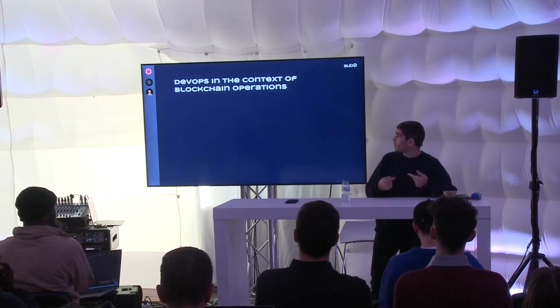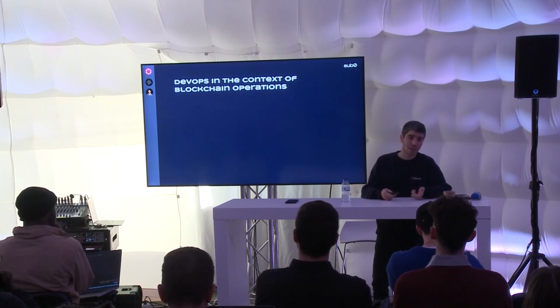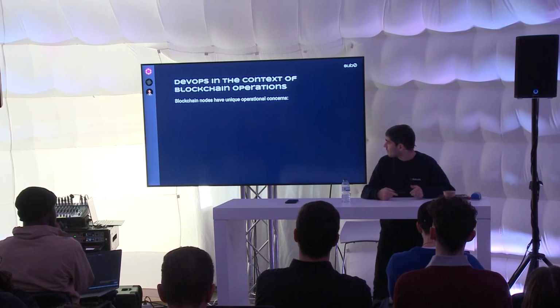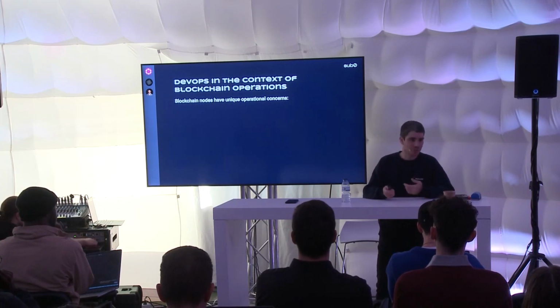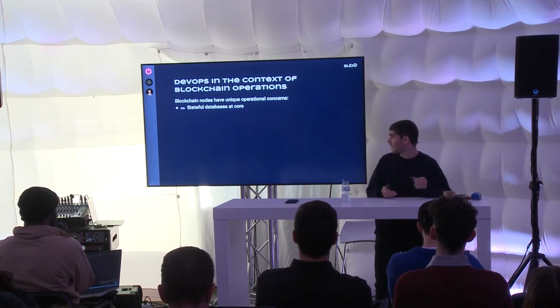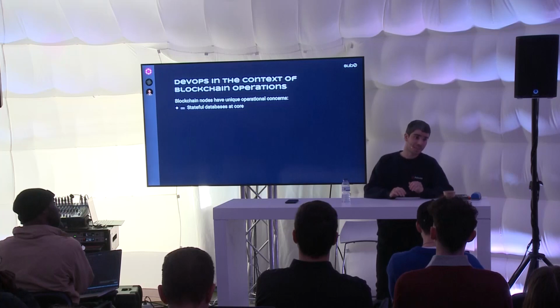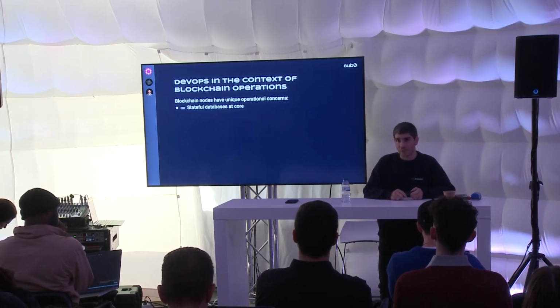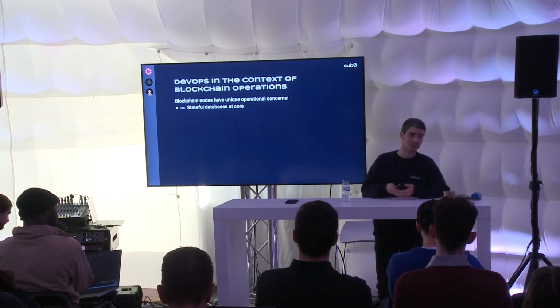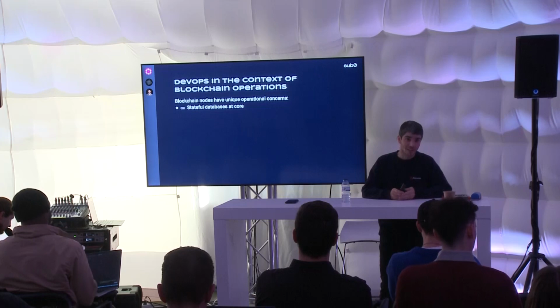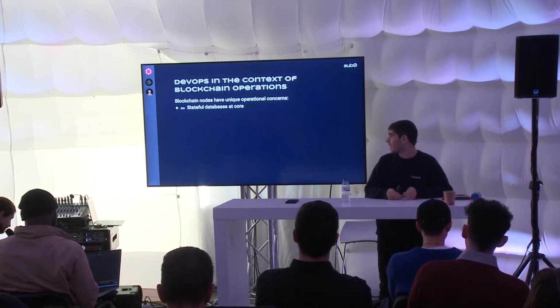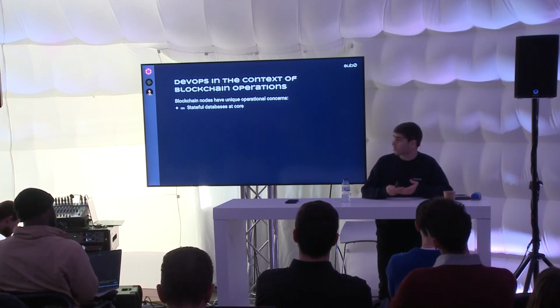Then to zoom out a bit, DevOps for operating blockchain nodes. Blockchain nodes are not your regular applications. They are definitely stateful, and it's a database. So you're never going to be able to manage your blockchain nodes like a stateful application that you can horizontally scale. It's really critical to think of those as database first.